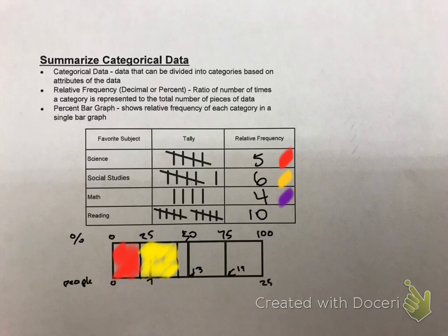Then math, we have 4 people. So that's going to take us to 15 total people, which we'll say is about right there. And let's shade that in.